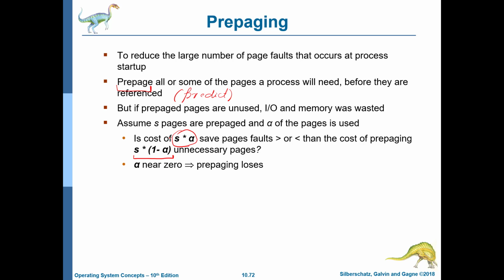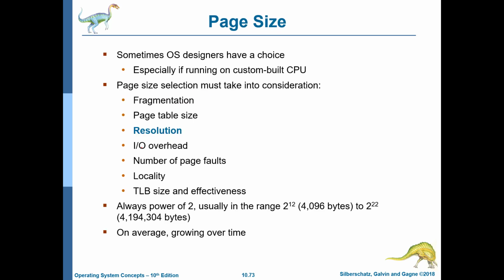And of course, different operating systems will have different trade-offs, so that needs to be taken into account. And we would want alpha to be as high as possible, because if alpha is low, then needless to say, pre-paging loses, right? So the advantage of pre-paging as such is gone.